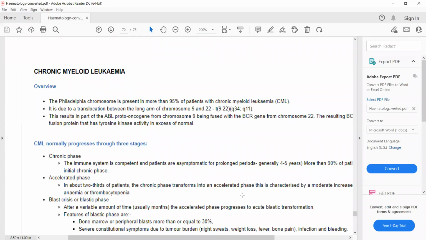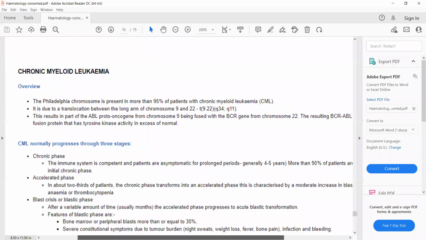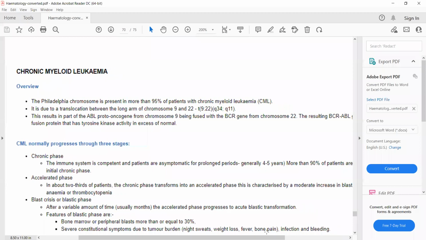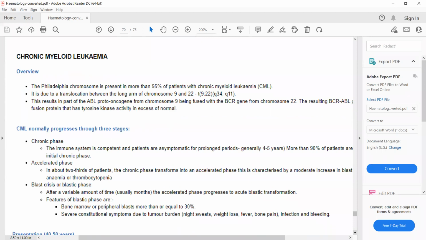This fusion of BCR and ABL is the Philadelphia chromosome, which results in the excessive proliferation of white blood cells and results in chronic myeloid leukemia. So in chronic myeloid leukemia, there is excessive proliferation of white blood cells such as neutrophils, eosinophils, and basophils.